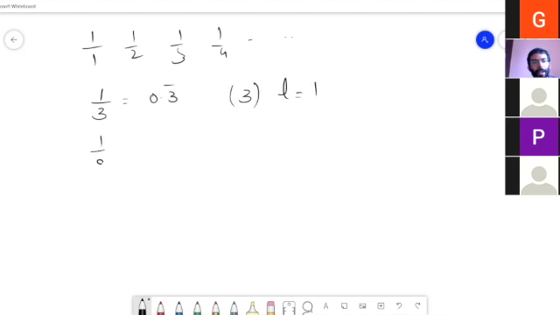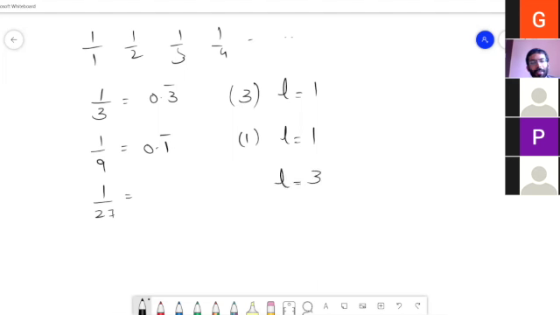If you consider 1 by 9, it is 0.1 bar, and again the repeating block is 1, and its length is 1. Now, when you consider the next power of 3, that is 1 by 27, the length of the repeating block happens to be 3.